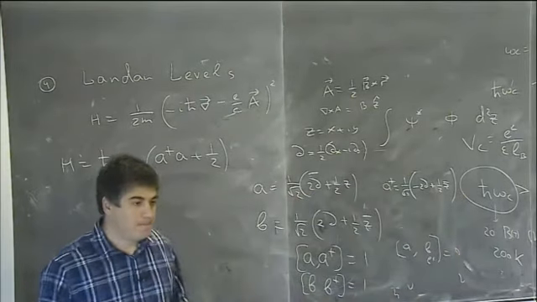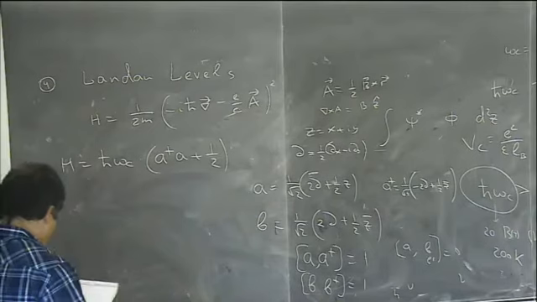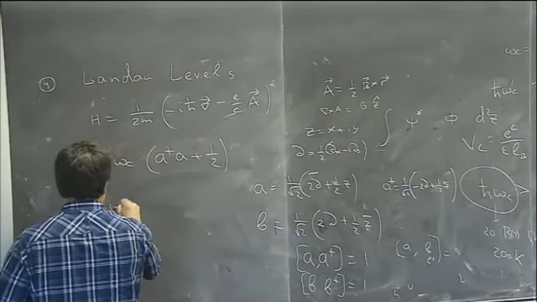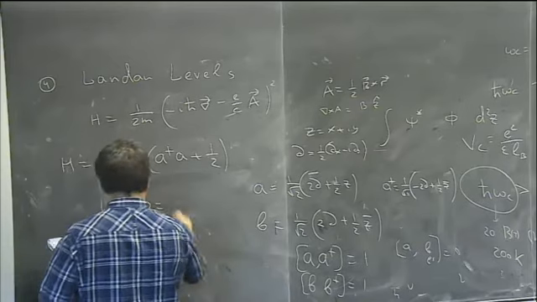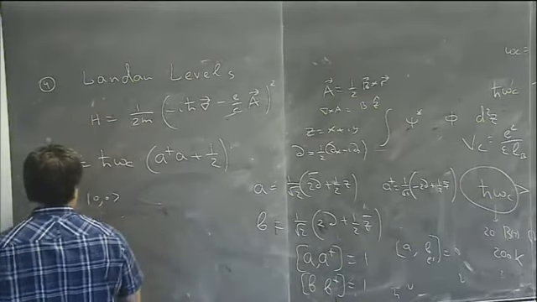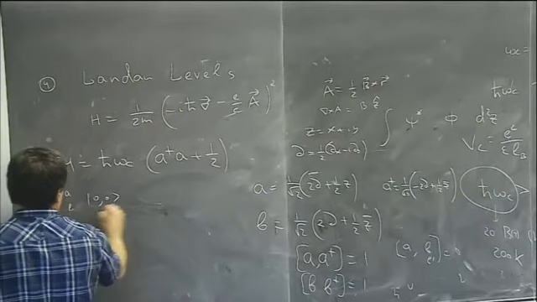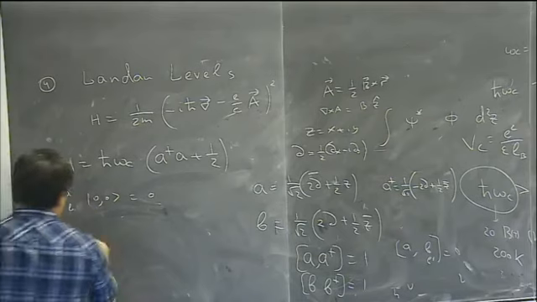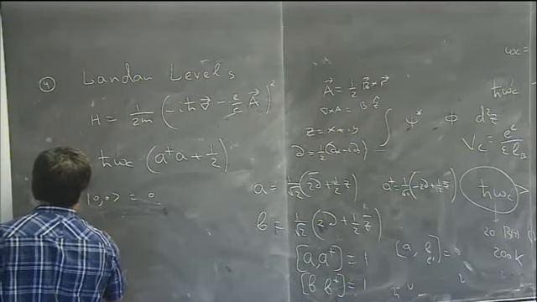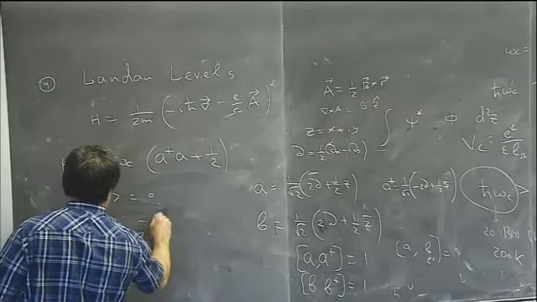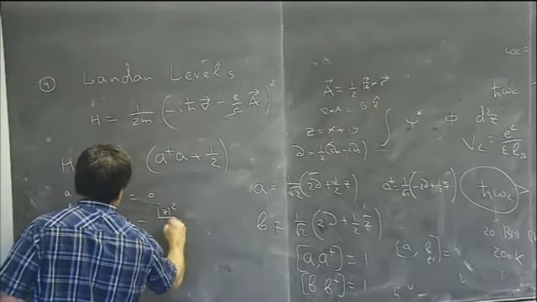So you can construct the state 0,0 such that A and B annihilate the state. You can write explicitly the wave function corresponding to this state, which is 1 over square root of 2 pi, e to the minus absolute value z squared over 4.